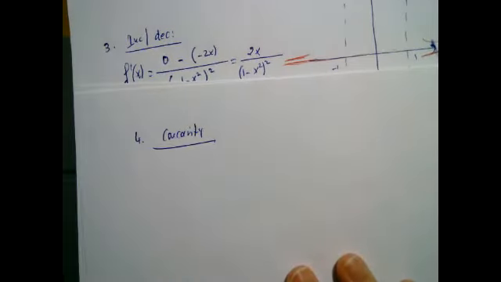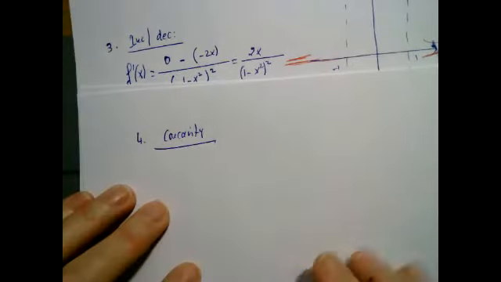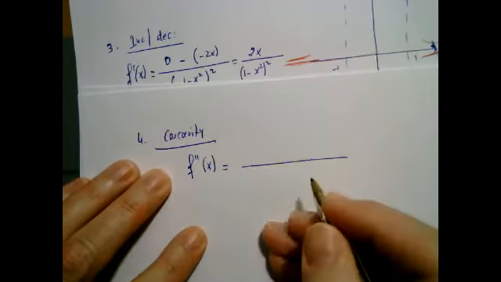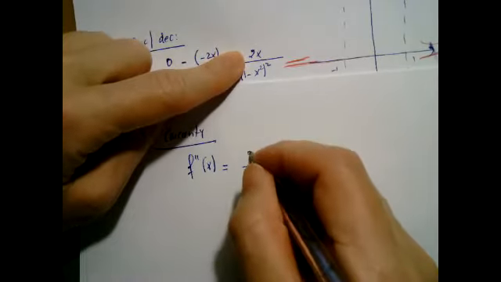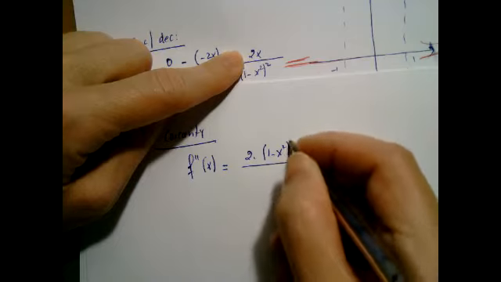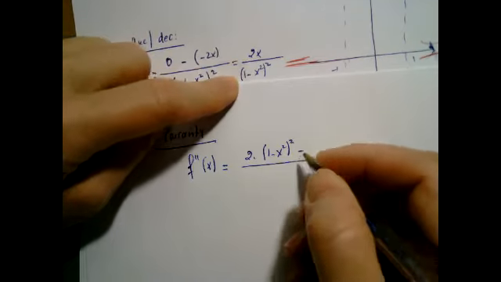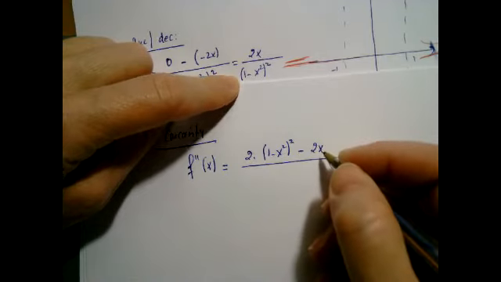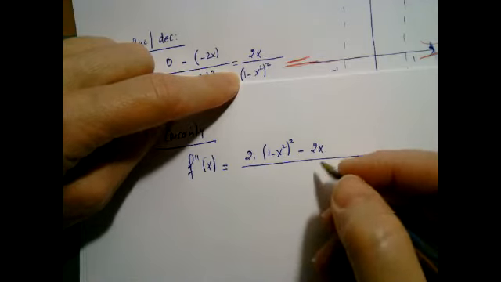Concavity. So concavity means we have to study the second derivative. So what's the second derivative? Equal to the derivative of the numerator, which is 2, times the denominator, minus the numerator times the derivative of the denominator.